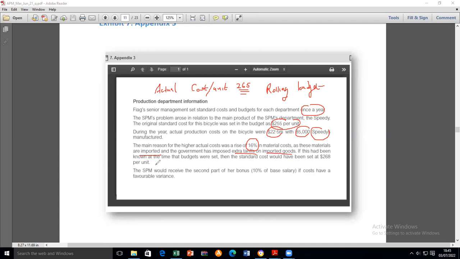If this had been known at the time that budget were set, the standard cost would have been set at $268 per unit. The SPM would receive the second part of her bonus, 10%, if costs have a favorable variance.